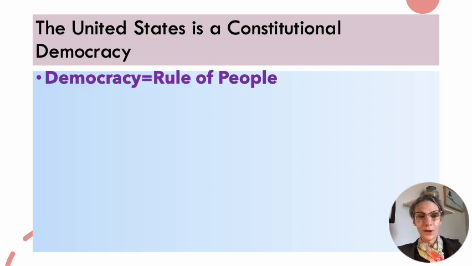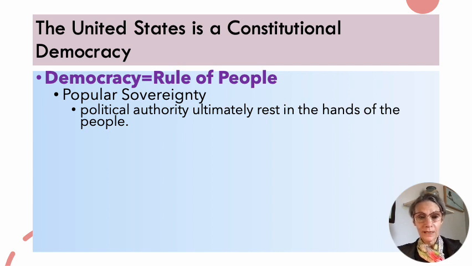Okay, so the United States is a constitutional democracy. It's a democracy because we have rule of the people. And when we talk about rule of the people, we think about this concept that your textbook talks about called popular sovereignty. What popular sovereignty is saying is that the people are sovereign, right? In other words, the people are the ones that have the ultimate political authority, okay? The ultimate political authority doesn't rest in a king.